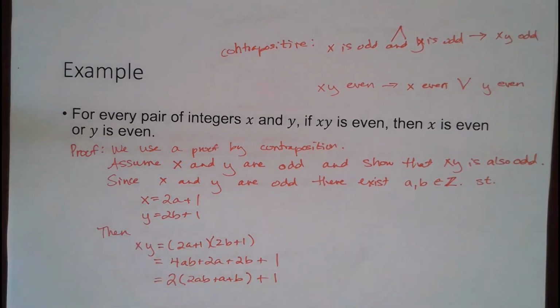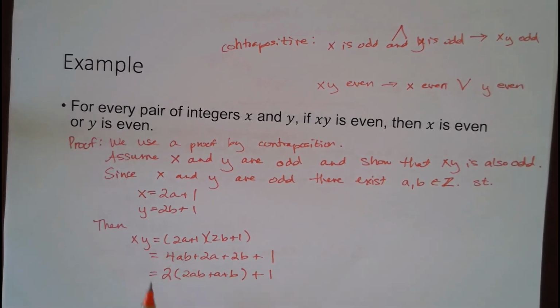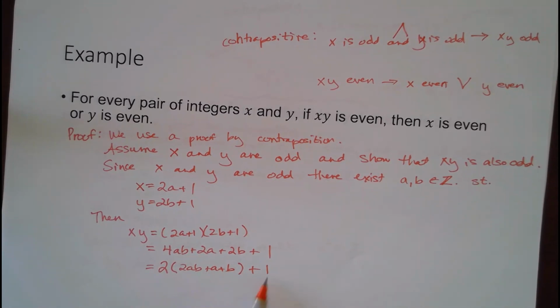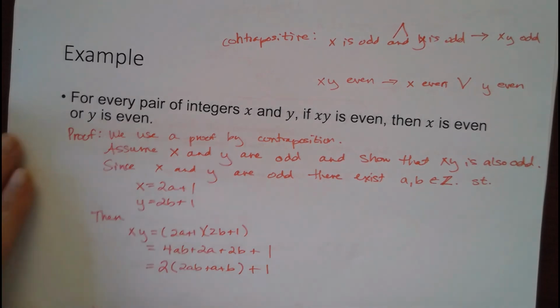Good. All right. So I know that this is odd if I can write it as 2 times an integer plus 1. So what's the last thing that I have to do? Prove that 2ab plus a plus b is an integer. Good. And is it? Yes. Because? It is closed under multiplication and addition. Good.